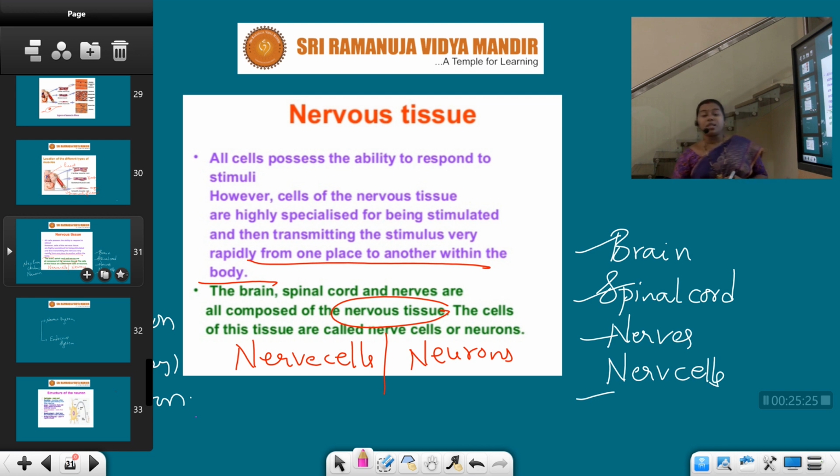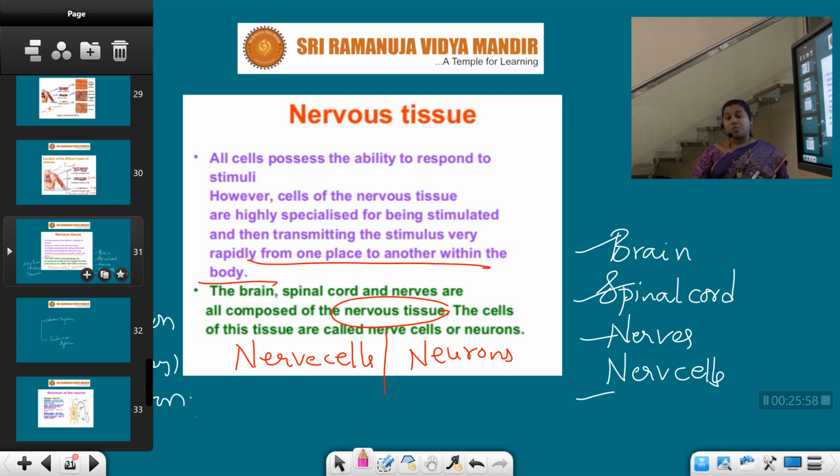And meristematic tissues are again of 3 types: apical, intercalary, and lateral meristems. Apical is present in the root and shoot tip portions, and it helps in the elongated growth of the plant. Lateral meristems are present on the lateral sides of the root and shoot, and help the plant grow in diameter radially.